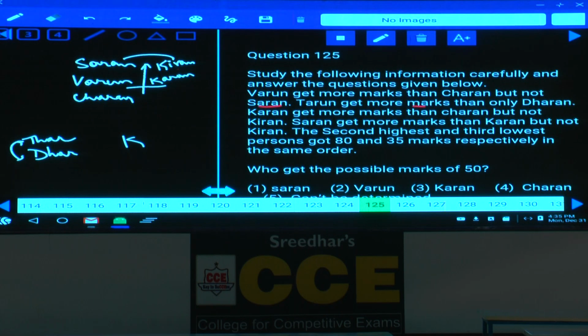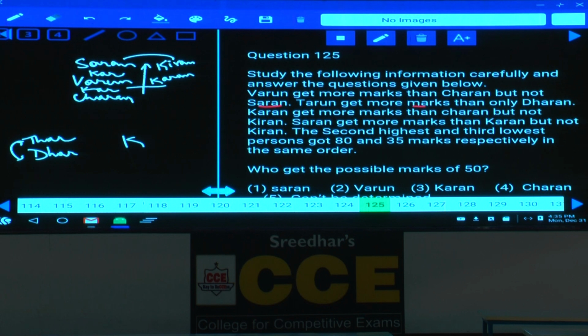As Charan got more marks than Karan, this Karan can be anywhere in between, isn't it? Karan can be at this place or at this place. In both the cases, Charan got more marks than Karan. Charan got more marks than Karan, but not Kiran. But not Kiran means this Karan got less marks than Kiran.